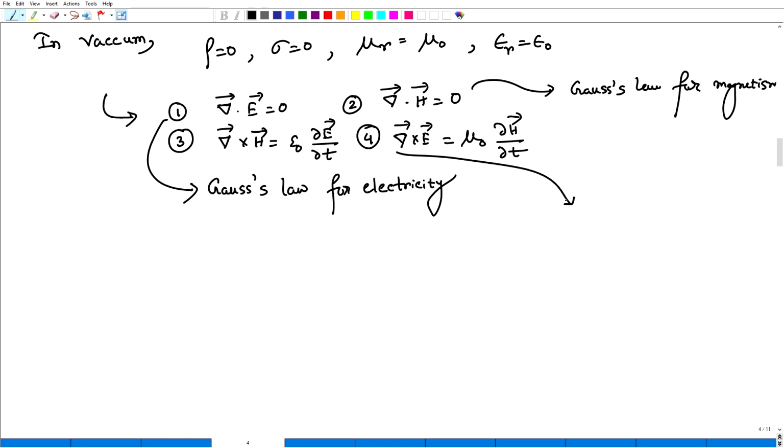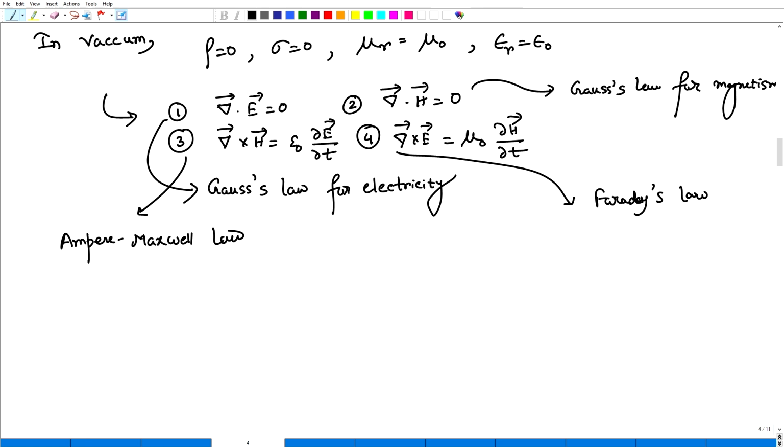This fourth one is Faraday's law. And this is Ampere-Maxwell. So, essentially there are 4 laws. These 4 Maxwell's equations are valid only for vacuum.